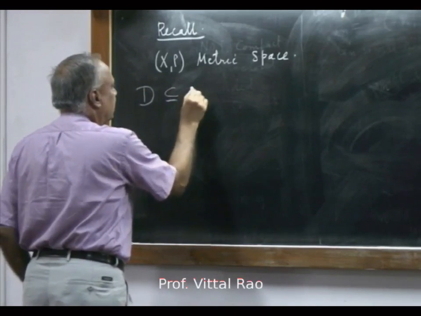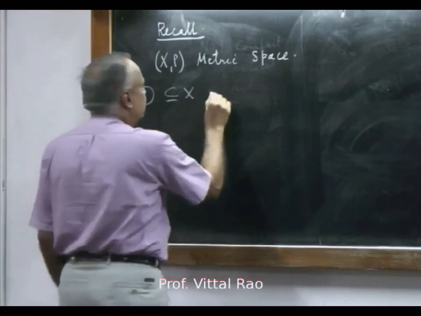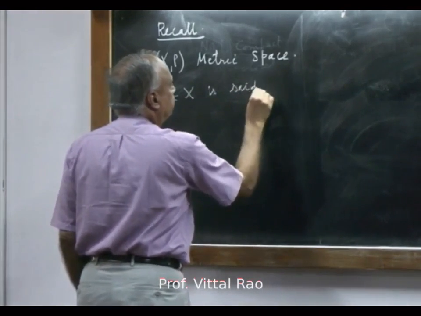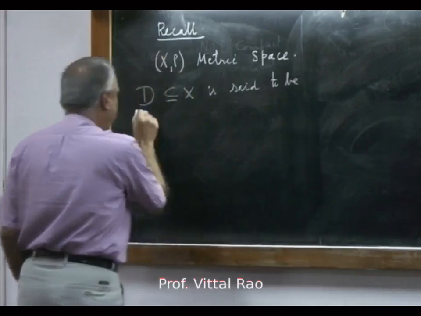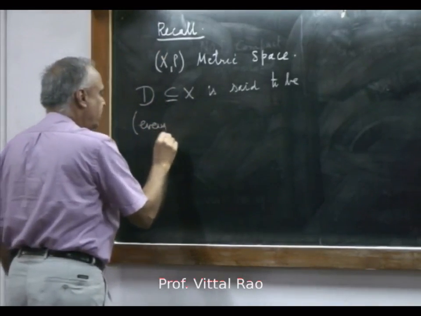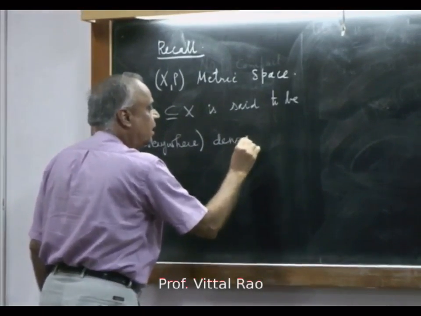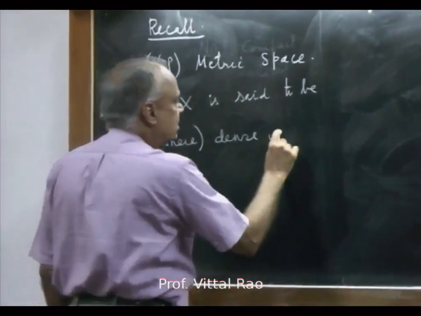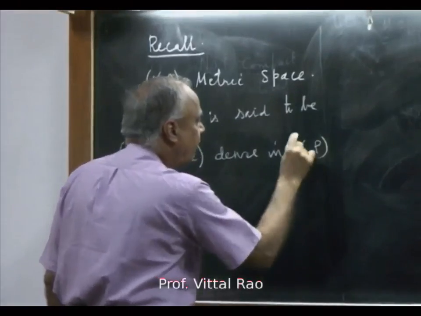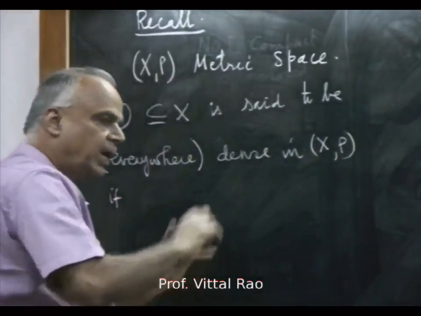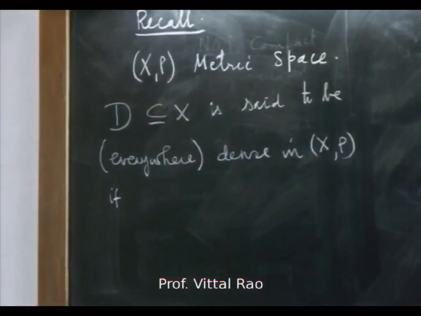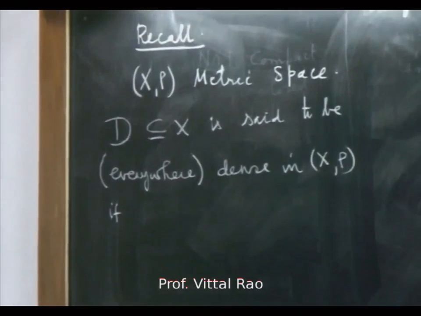D, a subset of X, is said to be dense in X, whenever I say dense, I mean everywhere dense, if wherever you go, you will find a point. In other words, you take a point and draw any open ball around it of whatever radius, there will be a point of D sitting inside.